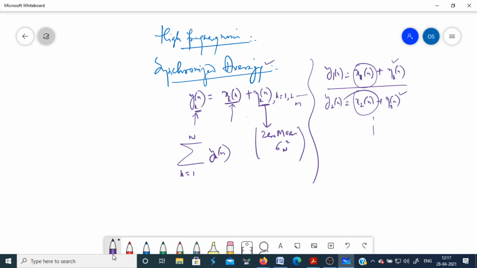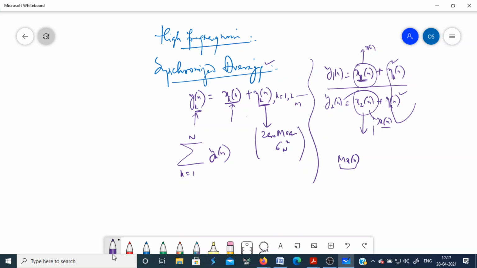So if you add these multiple copies, the signal will basically be added M times. It is x1 of n, which is also x of n, x2 of n is also x of n. So it is basically M times x of n if you add M copies.